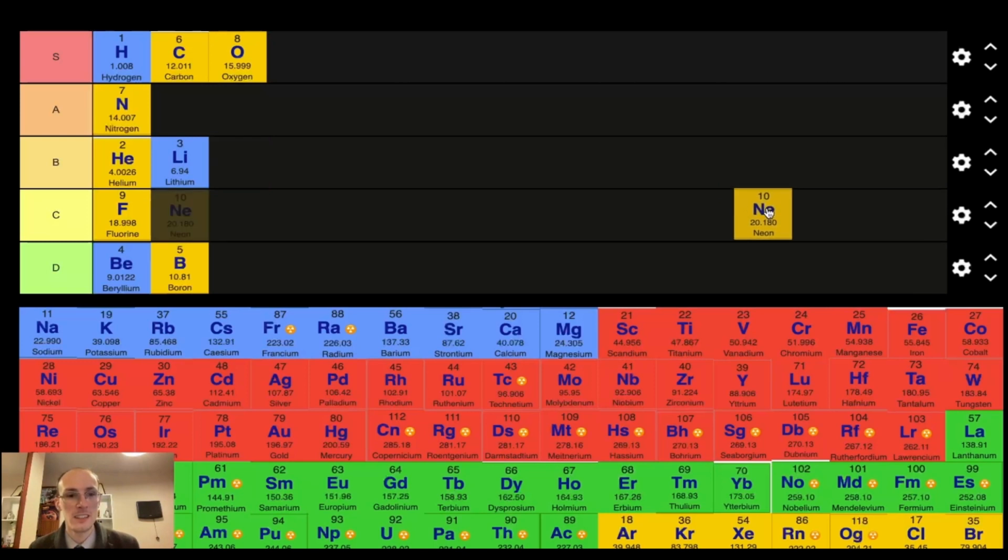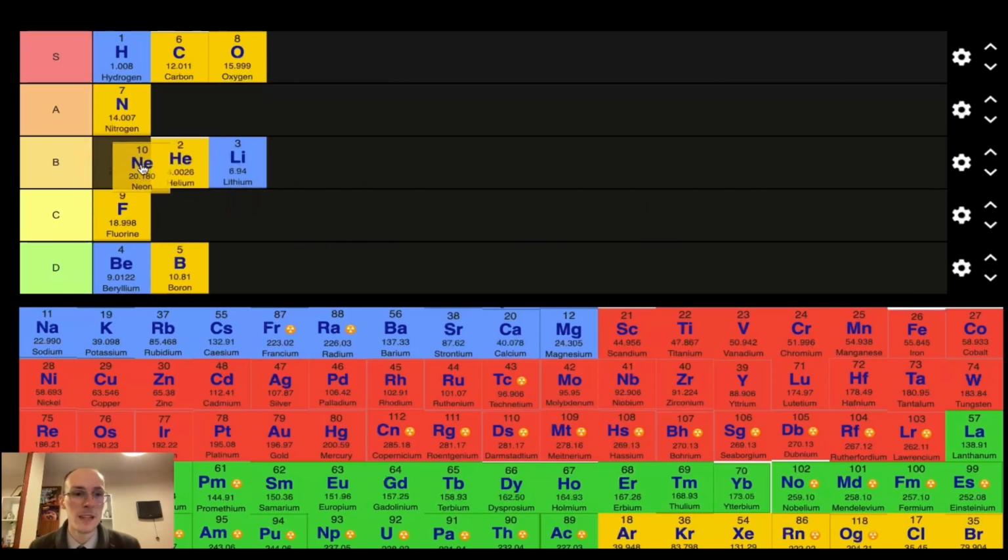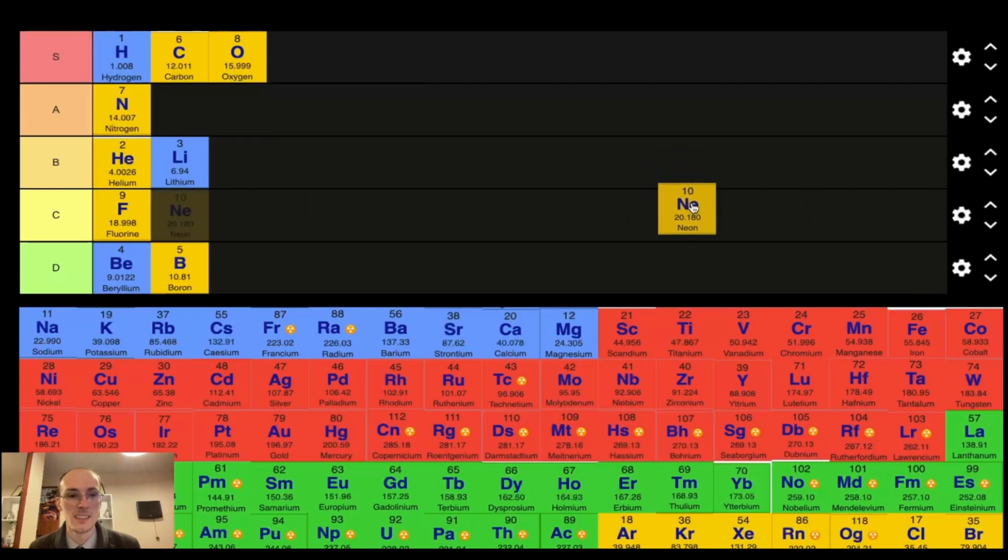How much do we like cool lights? When combined with helium, it makes a red laser, which is cool, I guess. But noble gases are just a bit boring. Helium is the best of the noble gases, and that's in B. So it's not as good as helium, it's going in the C section.